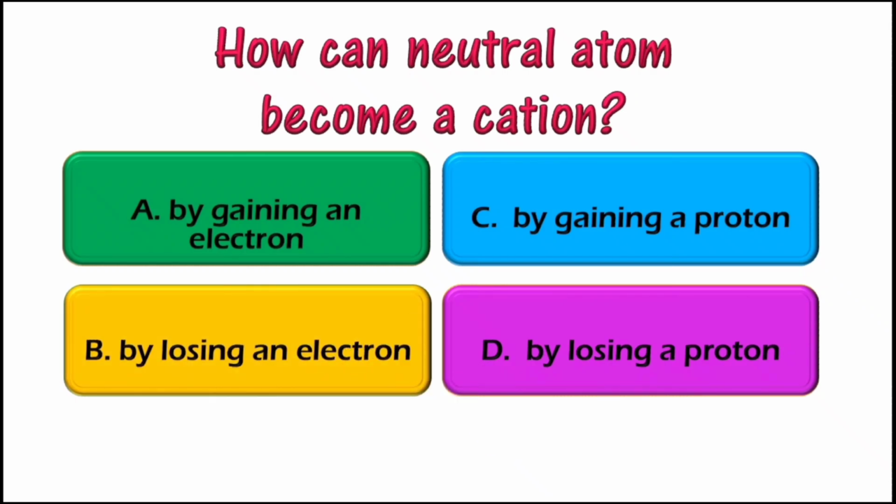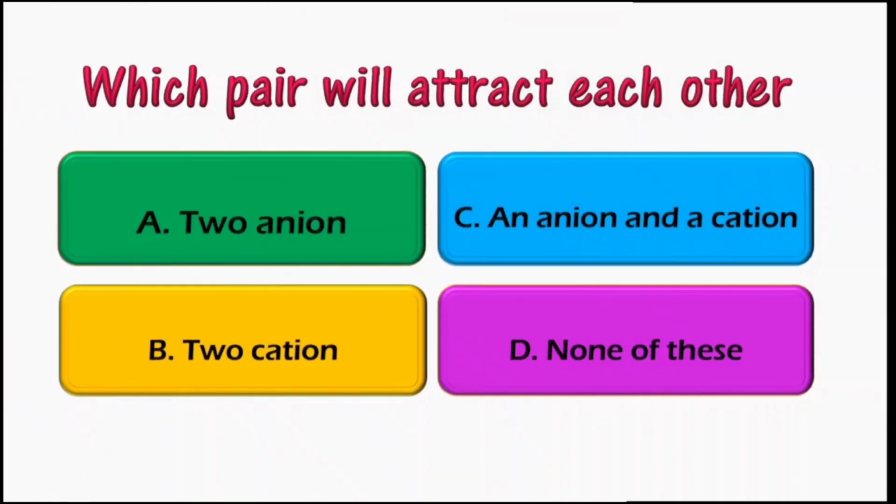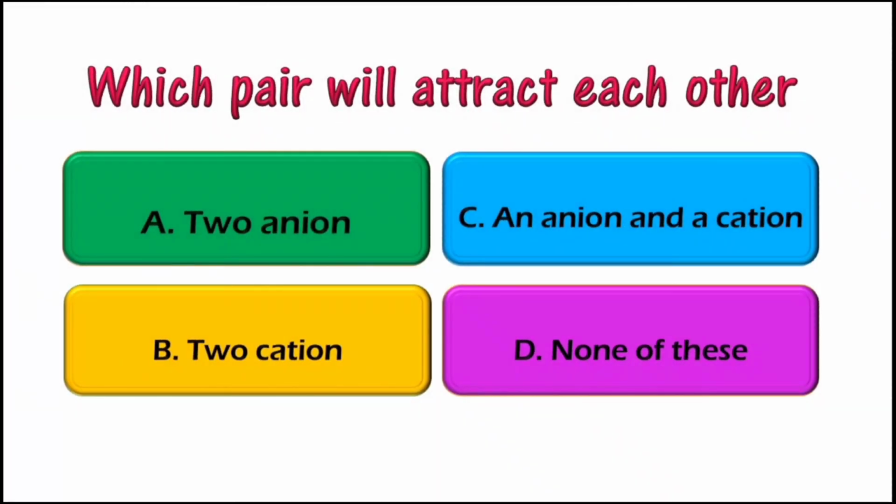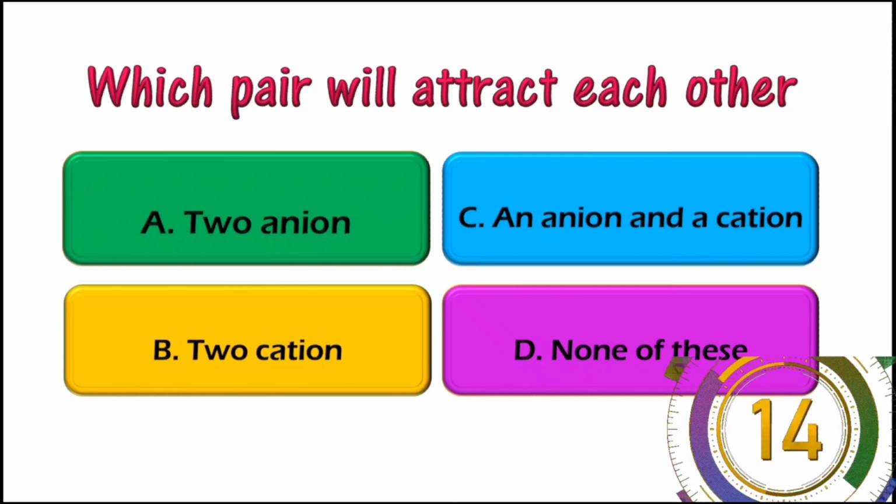The question for number 4 is, which pair will attract each other? A. Two anion. B. Two cation. C. An anion and a cation. D. None of this.